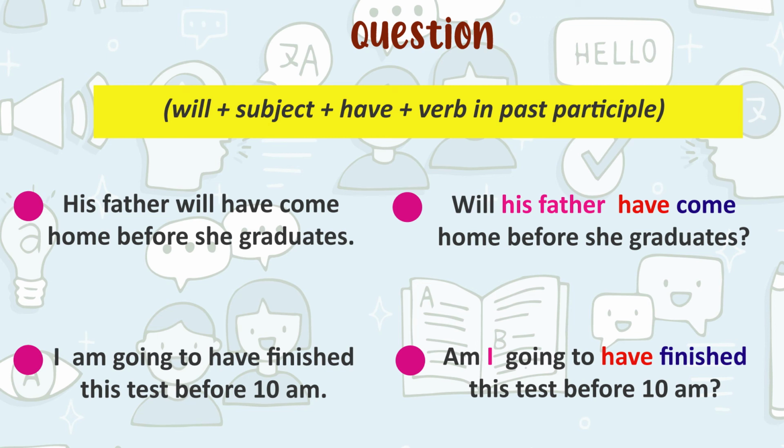So the answer, yes, he will have. We can use be going to. Sure, as you can see the sentence, now we transform it into a question. Am I going to have finished this test before 10 a.m.? Yes, you are going to have. So this is the answer that we have if we formulate the question using be going to.